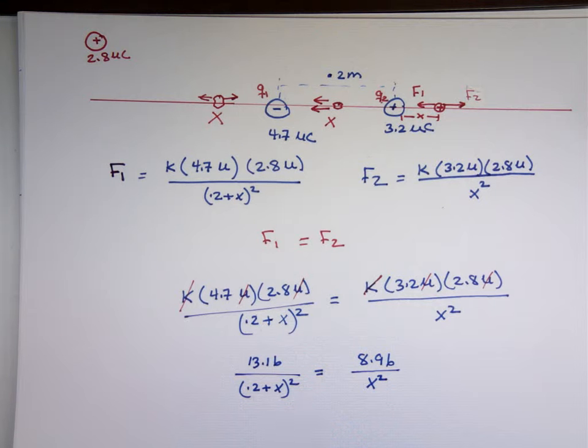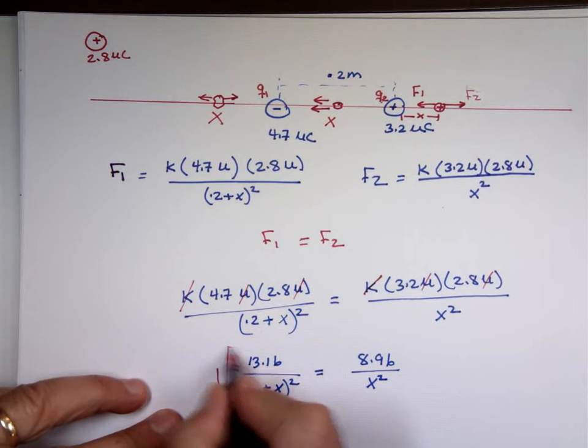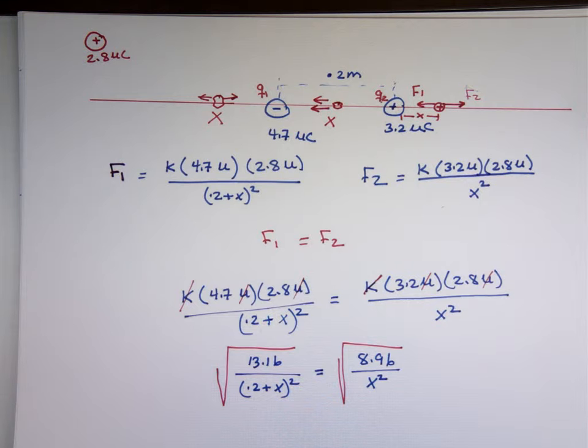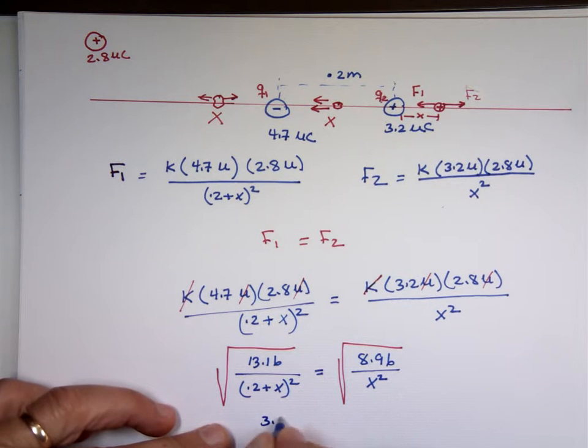Probably the easiest way to solve this for x right now is take the square root of both sides. Because if you take the square root, instead of foiling this one, I would have a quadratic equation. Take the 13.16, take the square root of that, and that's 3.63 over 0.2 plus x.